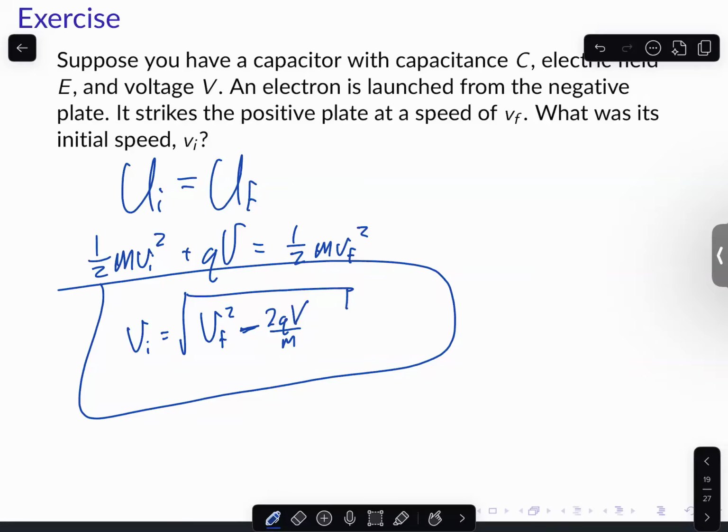Google Form J, tell me, do you think I should plug in positive or negative electron charge for Q if I want this to be smaller than V final? What makes sense to apply here? Am I going to plug in a negative or a positive number for Q in this equation?